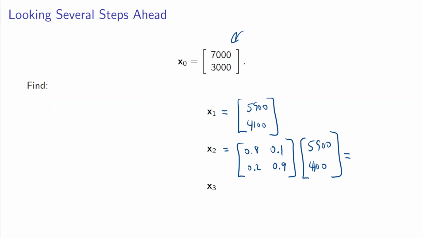Just take a second and try this out yourself as well. And it looks like we got 5,130 basic users. And then the rest of them should be the premium users, so that's the other 4,870.